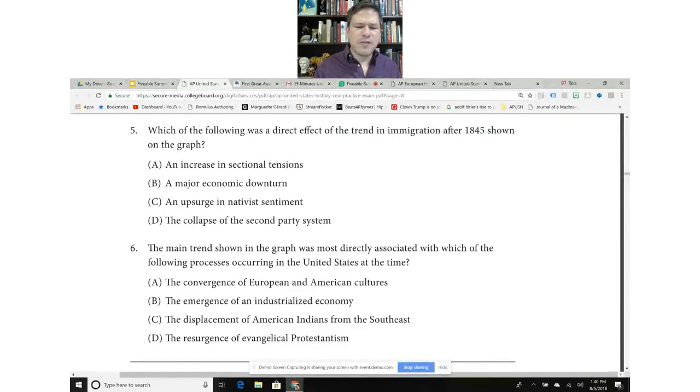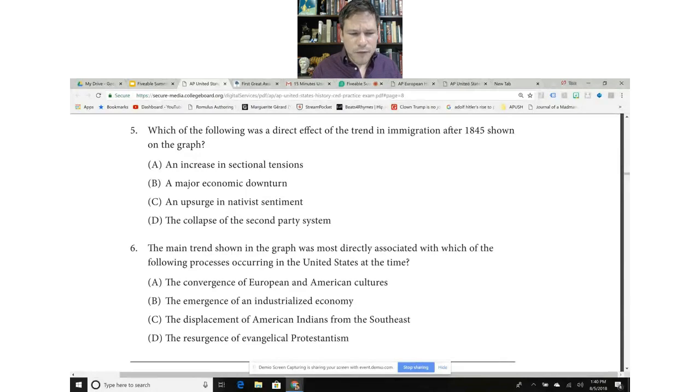The emergence of an industrialized economy. This is out of period. Okay, so this is out of period. C, the displacement of American Indians in the Southeast. This is something that's going on in the antebellum period, but it's not relevant. And then D, the resurgence of evangelical Protestantism.